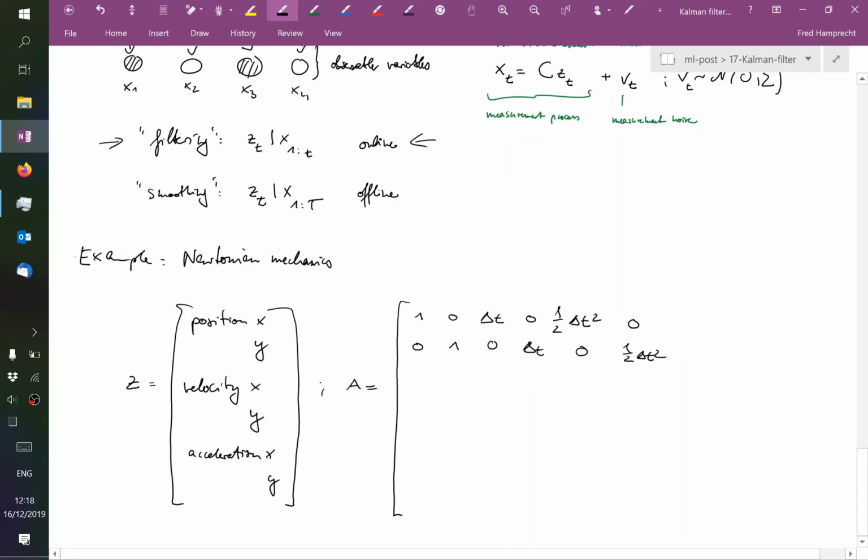And for the velocity itself, the new velocity is going to be the old velocity plus delta t times the acceleration in that direction.